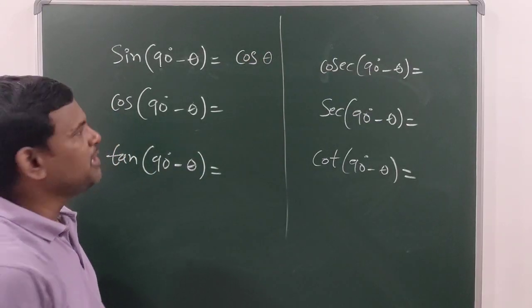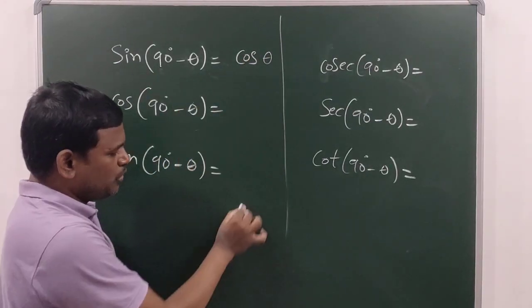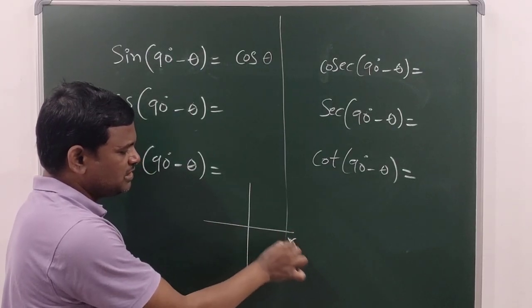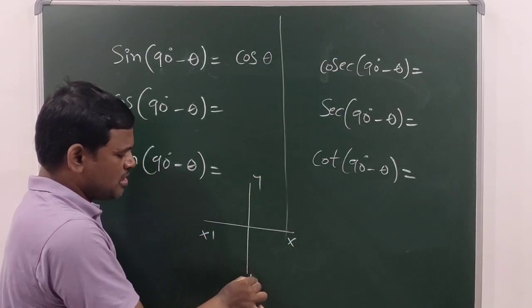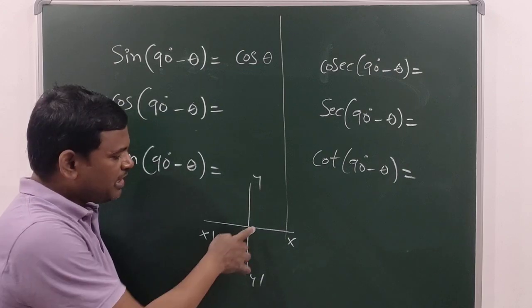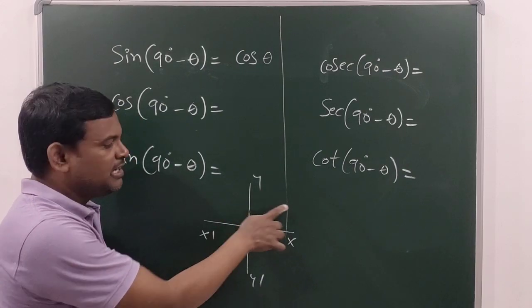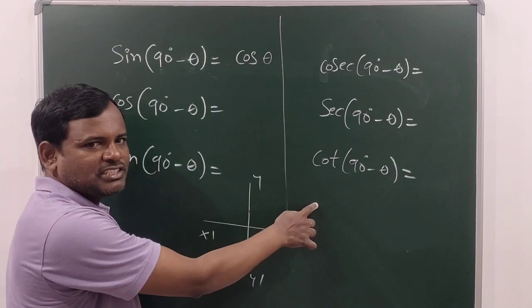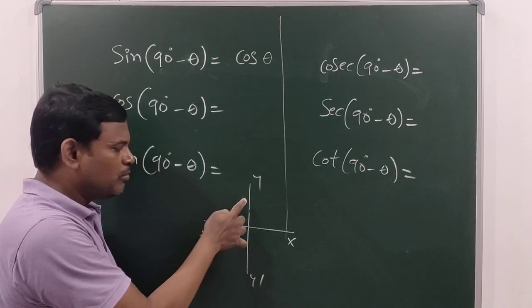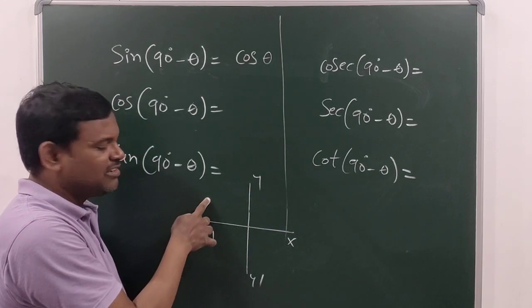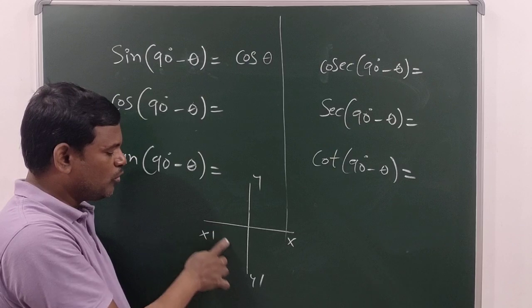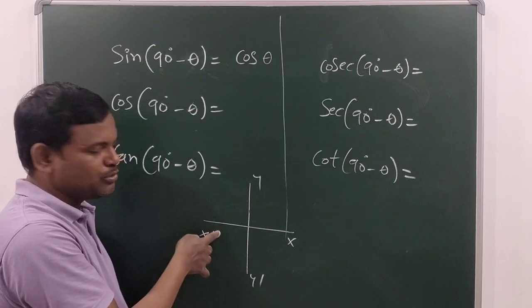Okay? Now tell me, observe this. This is the Cartesian plane. As you know, if an angle belongs to the first quadrant, theta will be 0 to 90 degrees. In the second quadrant, more than 90, less than 180. In the third quadrant, more than 180, less than 270.